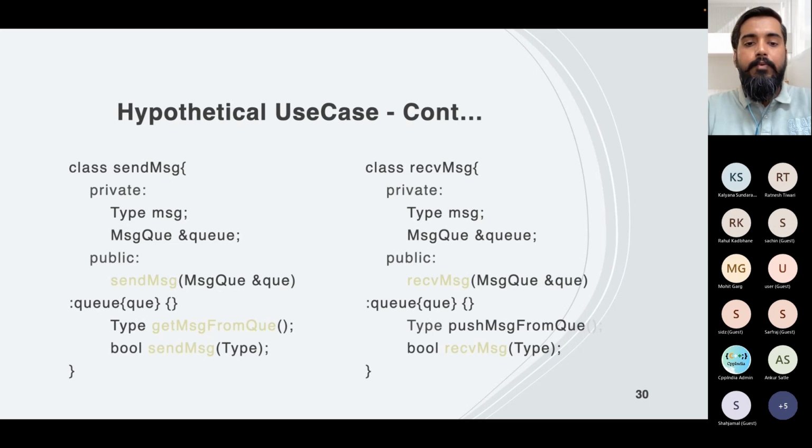My queue is of the type interface class, and I can push any type of message in that queue, right? So this solution is better than the first one we saw with a single class.